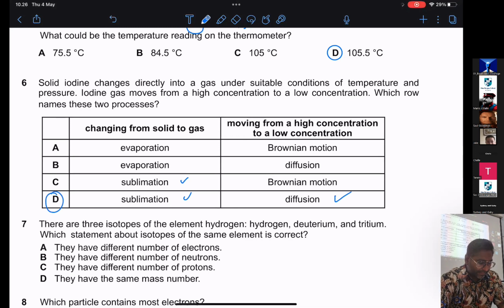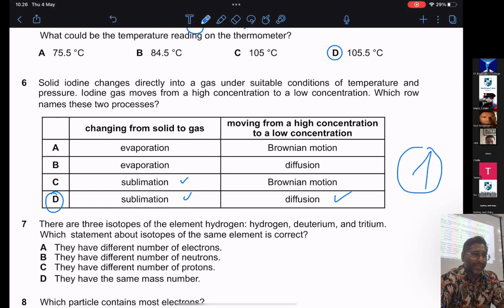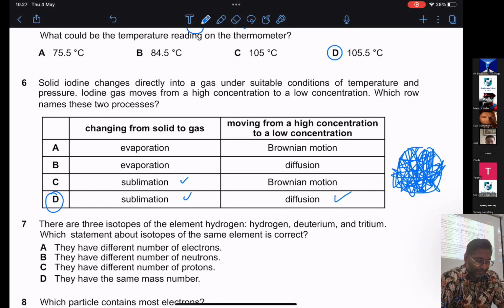For number 6, solid iodine changes directly into a gas under suitable conditions of temperature and pressure. Iodine moves from higher concentration to lower concentration. Which row names this process? So solid changes into gas, and the iodine gas moves from high concentration to low concentration.